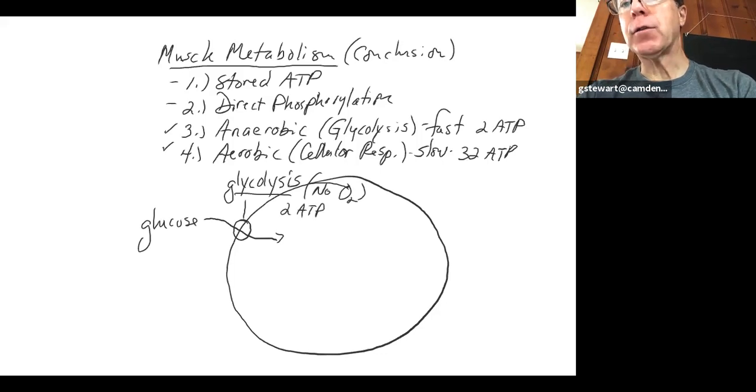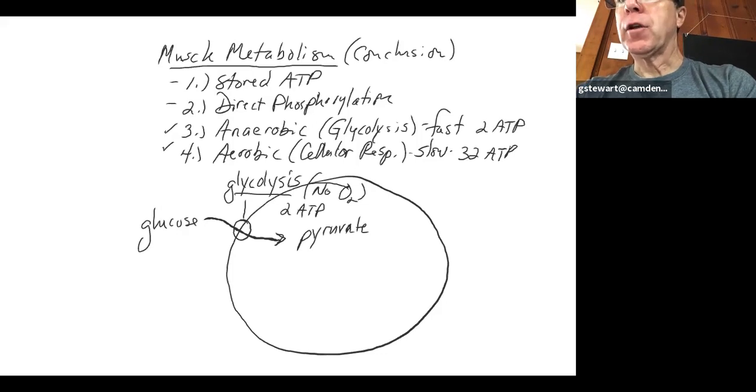So as that glucose gets transported across the membrane, it gets broken into 2 pieces, and that gives us 2 ATP. Now, the product of that breakdown is this pyruvic acid, or I'm just going to write pyruvate. And so converting glucose to pyruvate as it goes across the membrane gives us 2 ATPs.